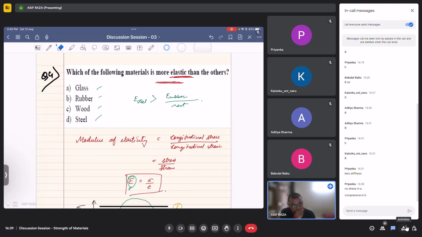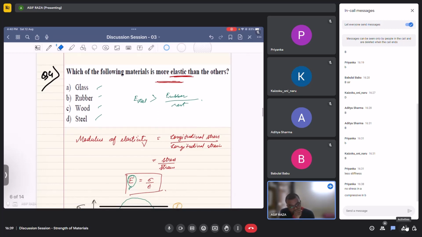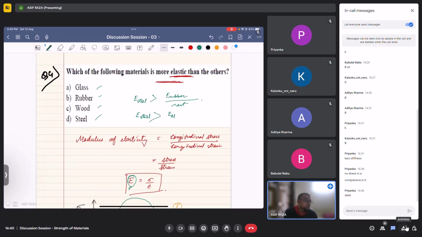Okay, so if I ask you, between E steel and E aluminium, which one of them is more elastic in nature? Yes, Pinky has given the answer as steel.